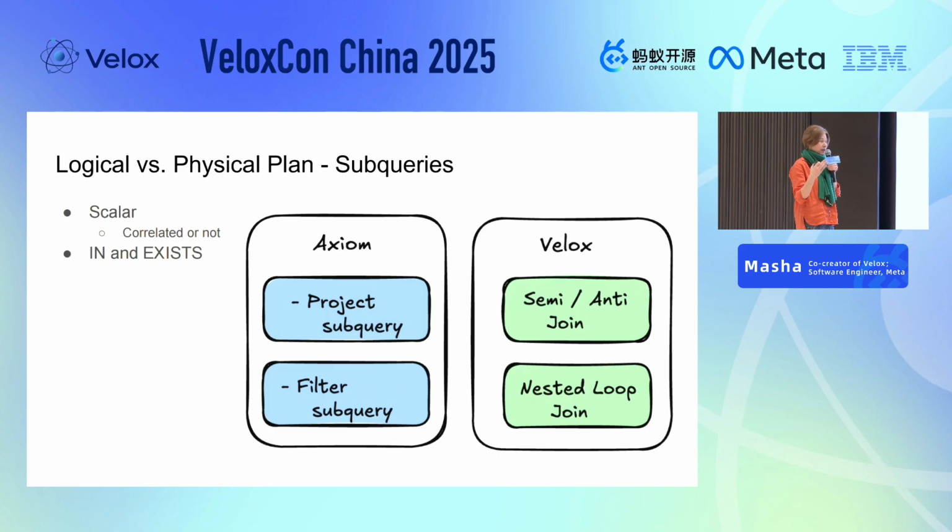It can be scalar subqueries that are not correlated, that can be executed standalone or converted to nested loop joins. And so that's the reason why we need to have separate logical plan nodes defined in Axiom and cannot just reuse the plan nodes from Velox.